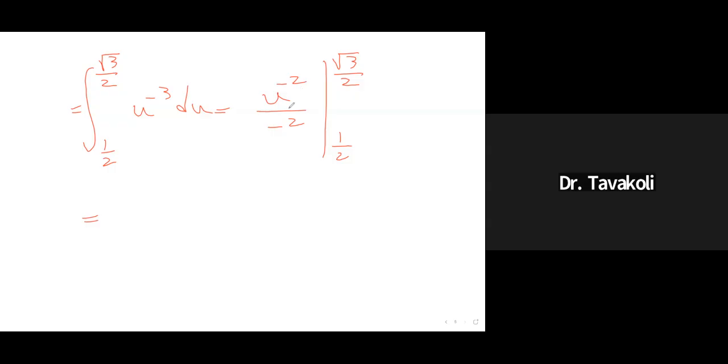Before the evaluation, let's write this without negative exponents. So I have 1 over minus 2 here, minus 1/2. And u to the power of minus 2 when moved to the denominator becomes u squared at the bottom. So I can write the whole thing as minus 1 over 2u squared. So these two are the same thing.